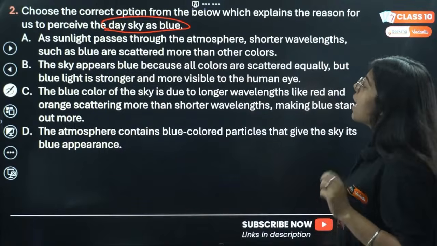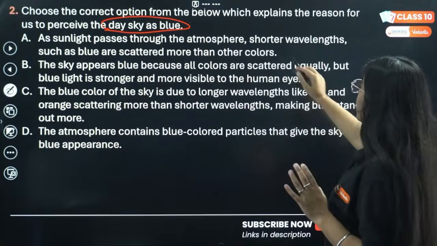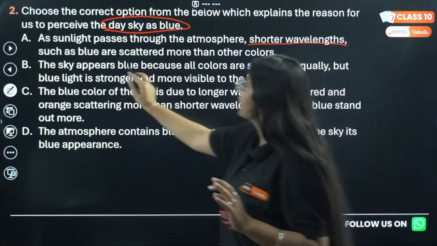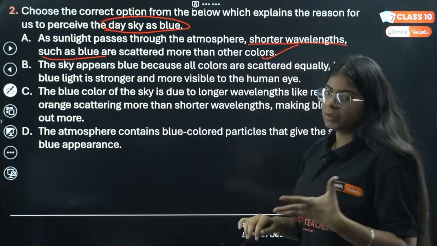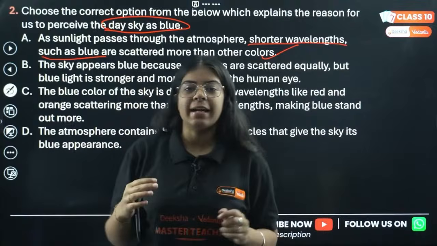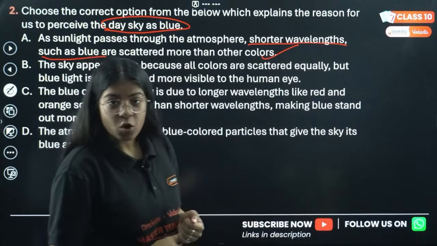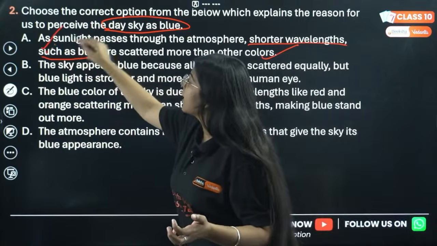First option is, as sunlight passes through the atmosphere, shorter wavelengths such as blue are scattered more than other colors. We know, ma'am, of course blue has shorter wavelength than red, and it scatters more. So this is correct.